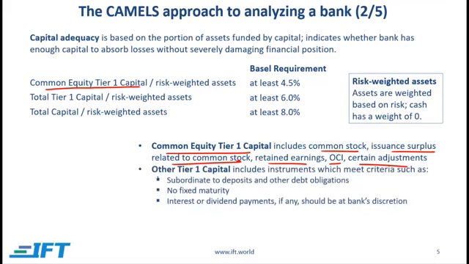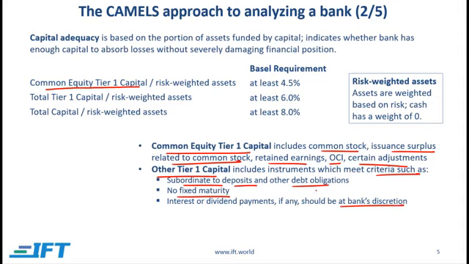Then we have other Tier 1 capital. This includes instruments which meet criteria such as the instruments should be subordinate to deposits and other debt obligations. There should be no fixed maturity. And if the instrument makes interest or dividend payments, these payments should be at a bank's discretion.